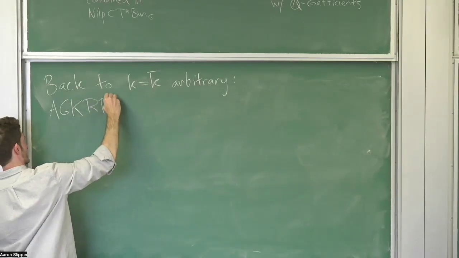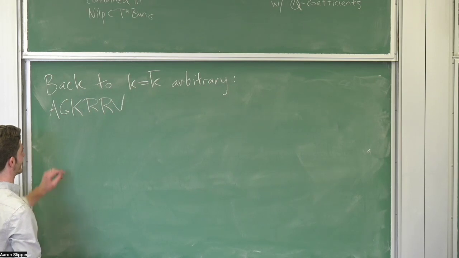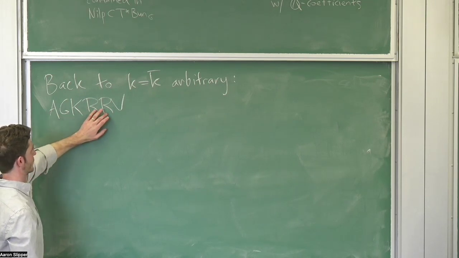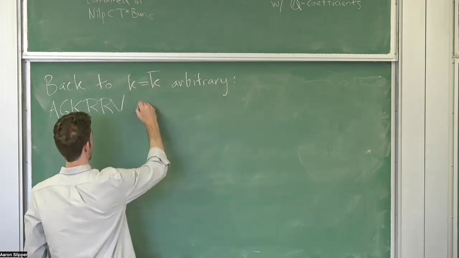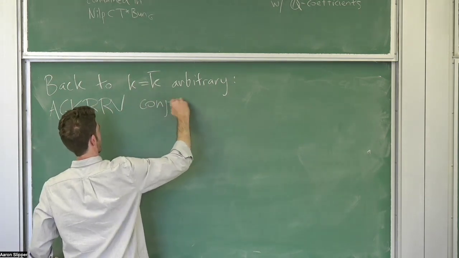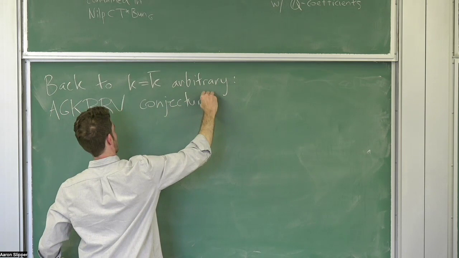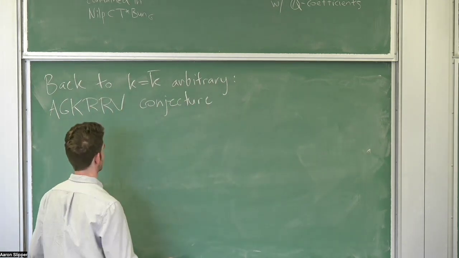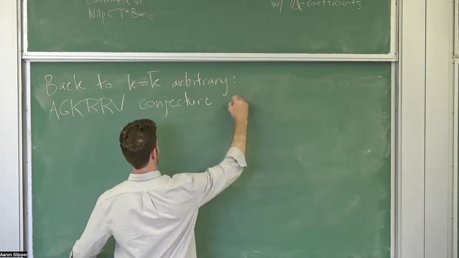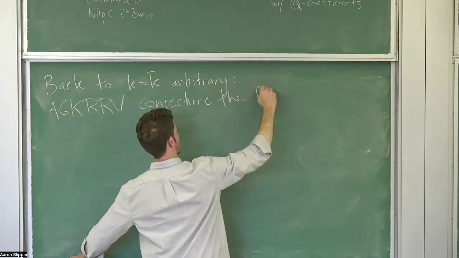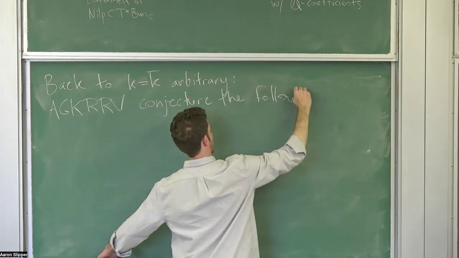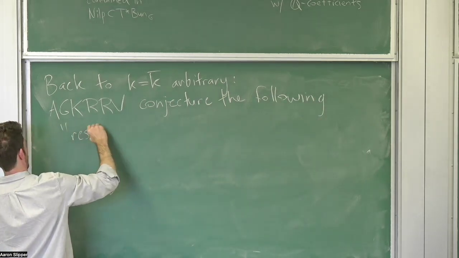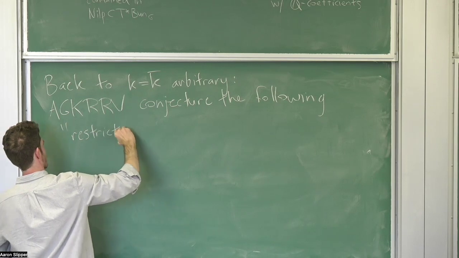So the six authors, I guess I should say it once: Arinkin, Gaitsgory, Kazhdan, Raskin, Rozenblyum, Varshavsky, conjecture the following. This will be what I'll refer to as the restricted geometric Langlands equivalence.